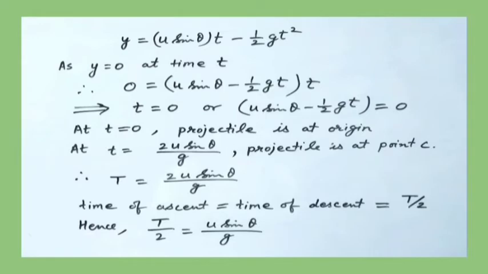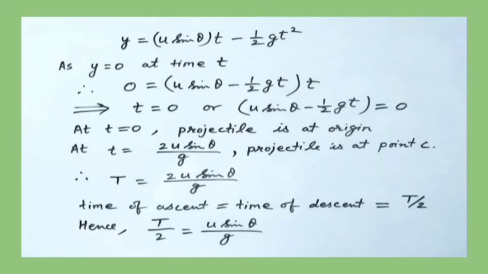Now consider equation 2 again. y = u sin θ · t − ½gt². As y = 0 at time t, when the projectile is at point C, then 0 = (u sin θ − ½gt) · t.